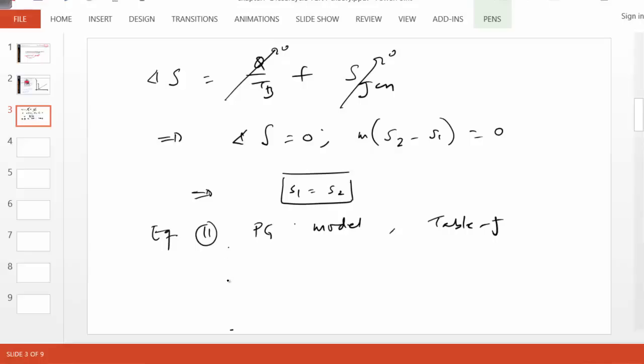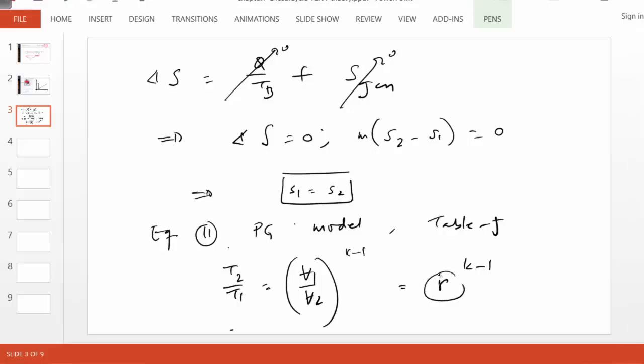So, for instance, T2 over T1 will be V1 over V2 to the, I believe, k minus 1. If the compression ratio is r, the formula remains the same for isentropic compression. And of course, the compression ratio for the diesel cycle is much higher, almost twice as much as that of an Otto cycle.